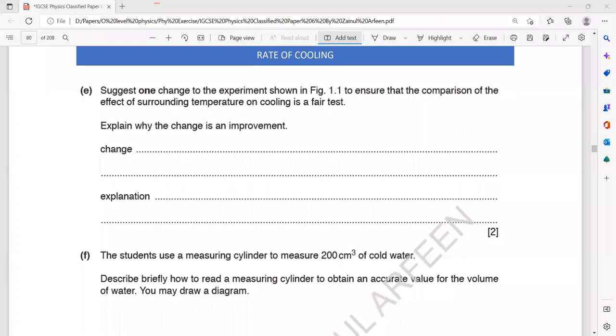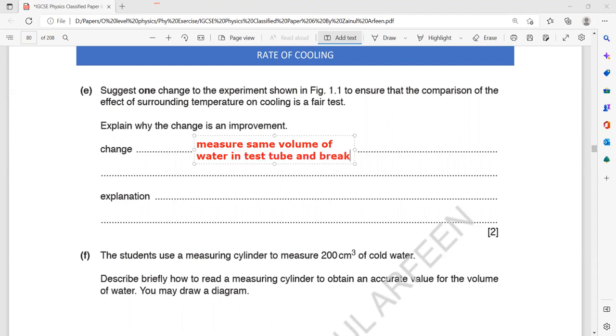So the change is an improvement, like how we can improve this experiment. Measure the volume of water into a test tube or a beaker. Make sure to use the same amount of liquid in the test tube and beaker.